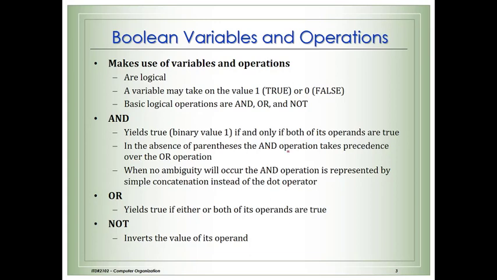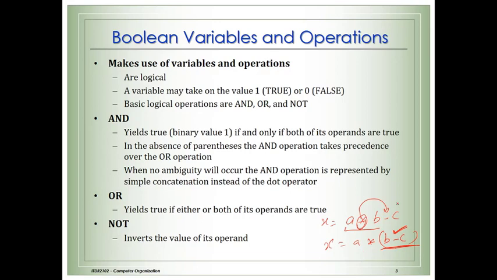In the absence of parentheses, the AND operation takes precedence over the OR operation. For example, there is a statement x assigned a multiplied by b minus c. Here which operation gets precedence? The multiplication operator, because it has precedence over subtraction. But if b minus c is in parentheses, then first you evaluate b minus c, then you multiply with a.